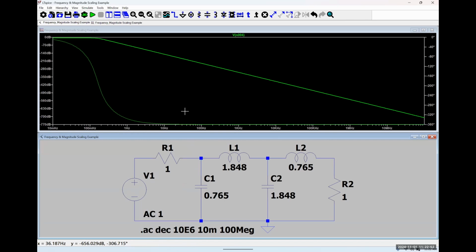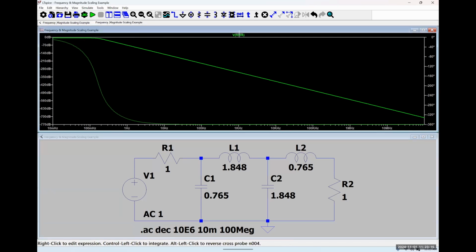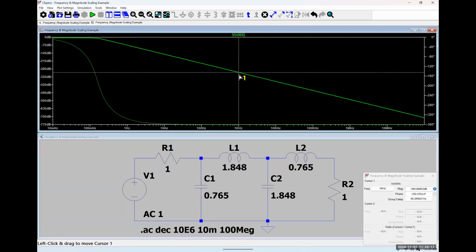Now, this is a little bit different than the low pass filter that we dealt with in circuits 2, either a first order or a second order low pass filter, because we're taking our output voltage across a resistance. So what I'm trying to bring to your attention right here is that we don't start off at 0 dB. We actually start off at -6 decibels, and I can show you that pretty easily.